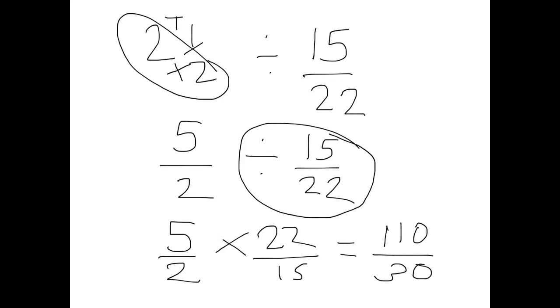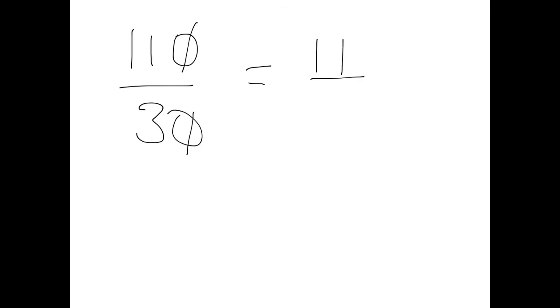So now we have 110 over 30. Straight away I can see something that divides into them. 10. Good girl, Tafian. 10 divides into both of them and we're left with 11 over 3. Can you change that into a mixed number for me? 11 divided by 3 is 3 remainder 2, and we put the remainder over the denominator. 3 and 2/3.